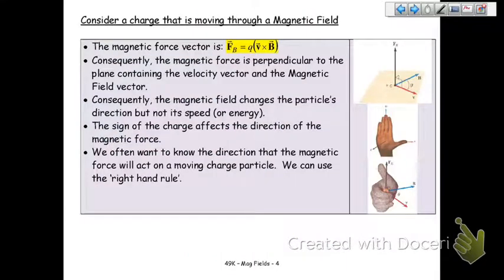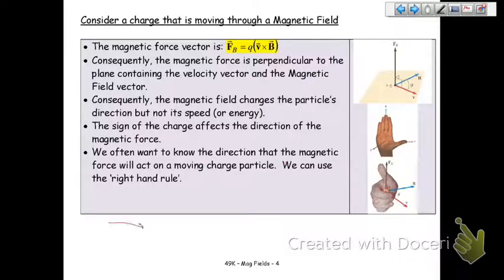Speaking of right hand rules, let's learn some. So, I have a magnetic field. Now remember, we can have non-uniform magnetic fields and uniform magnetic fields, like we have non-uniform electric fields and uniform electric fields.